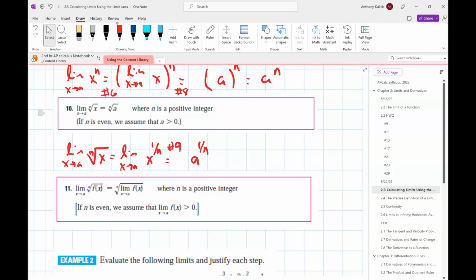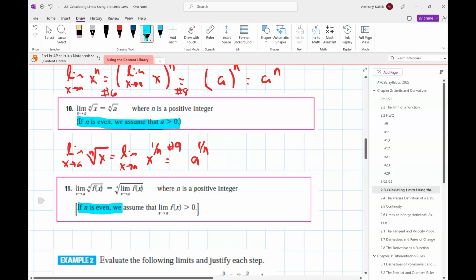Then similarly, 11, I can prove using 6 and whatever. It's the same idea as number 10 was. Instead of an x, we have an f of x, which is fine. Notice we have this little assumption. Why do we need that?